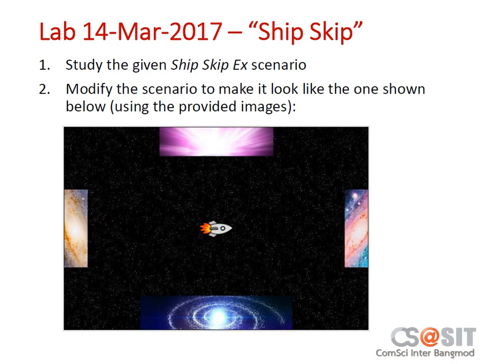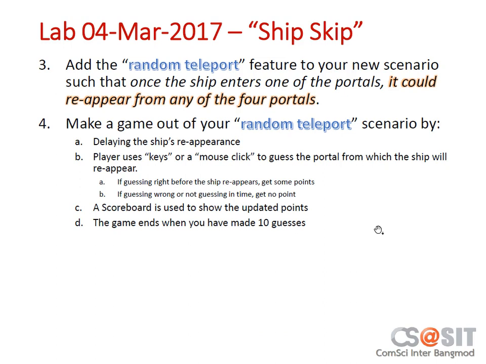And once you get this, then instead of using the simple teleport, like in the example where you go in one portal and come out from another portal, we are going to do what we call the random teleport. You go in from any portal, and you can randomly come out from any of the 4 portals.